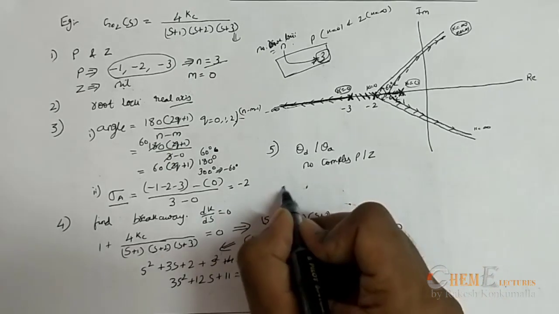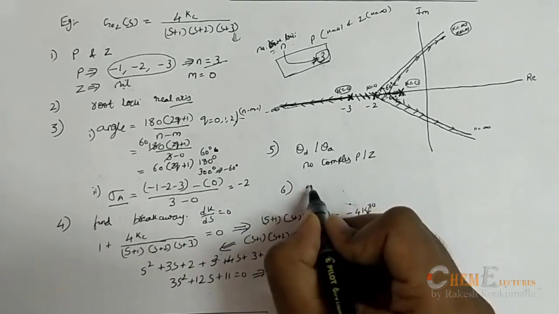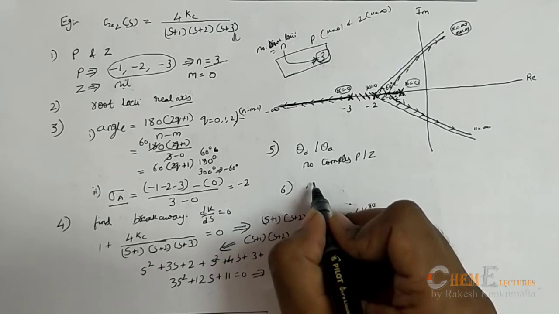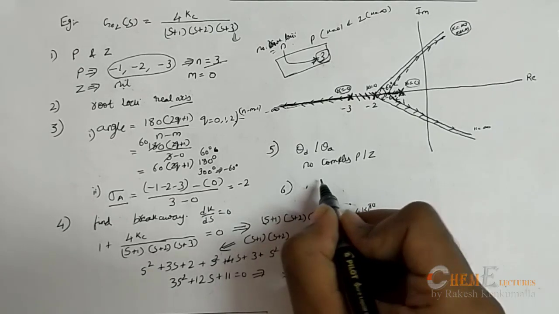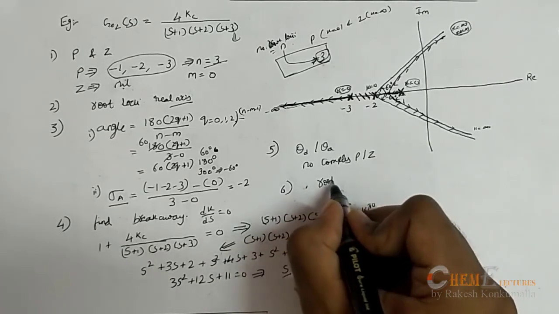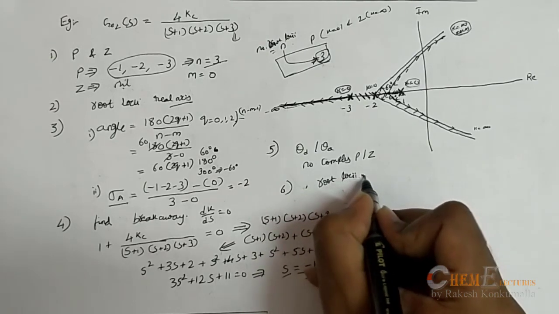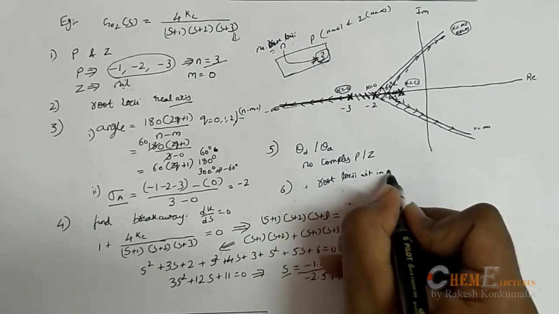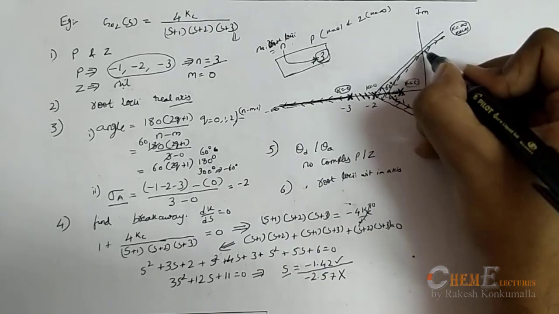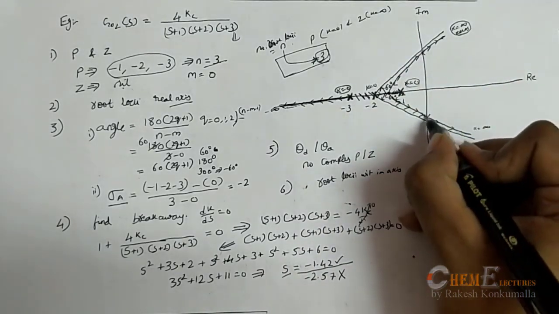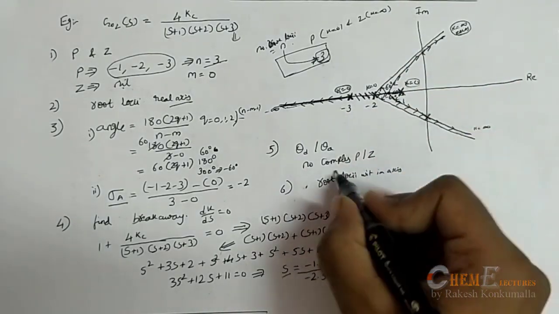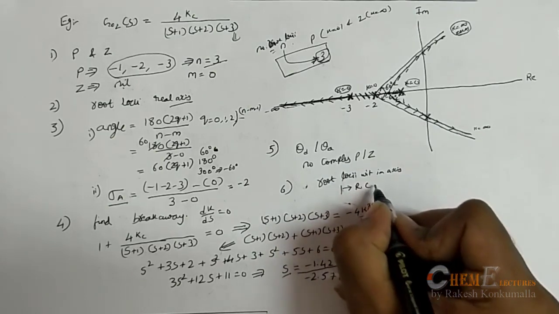Now the sixth step will be to find the point of intersection of root loci with the imaginary axis. See, here it is touching. I need to find this point. How can I find it? By using Routh's criteria method.